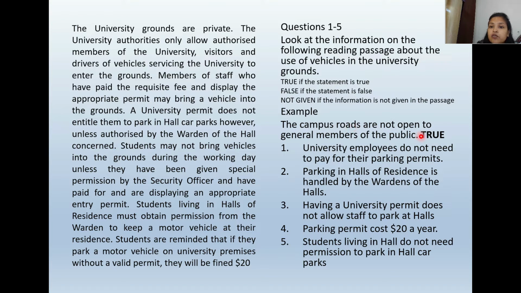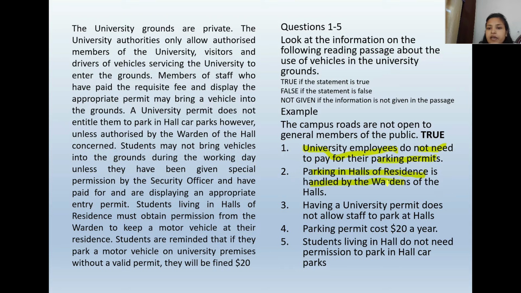Let's read. The campus roads are not open to the general members of the public. Here it is given as an example. So it is true. Okay, let's read. University employees do not need to pay for their parking permits. Let's highlight the keywords: university employee and parking permit. Not need. Okay, parking in hall of residence, where parking in hall of residence is handled by the warden.